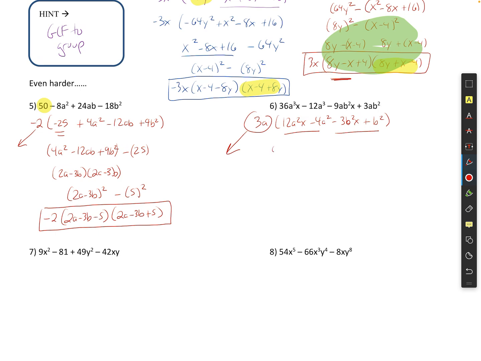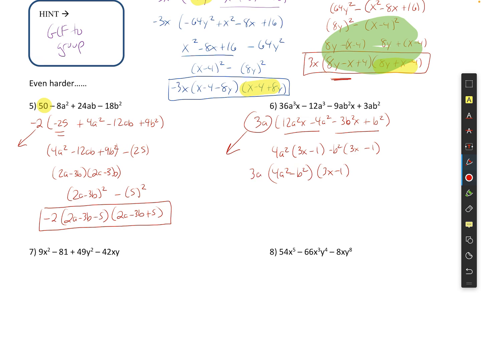So I take out my GCF here of 4a squared, leaves me with 3x minus 1. Over here, I take out my GCF of b squared, leaves me with negative b squared, 3x minus 1. All right, 4a squared minus b squared, 3x minus 1.